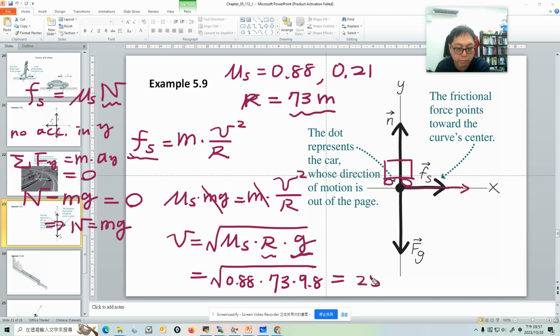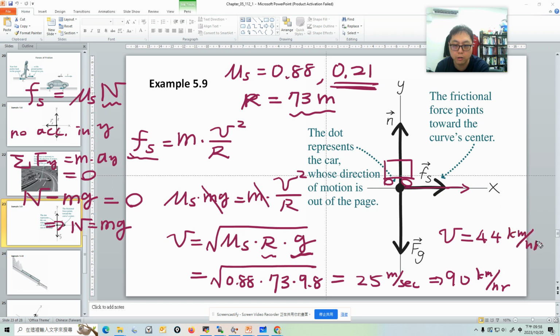This is 25 meters per second, and you convert it to the everyday velocity we're familiar with, which is about 90 km per hour. Okay, and you do a similar calculation when your friction coefficient goes down to 0.21. What the textbook says is the velocity is going to become 44 km per hour.